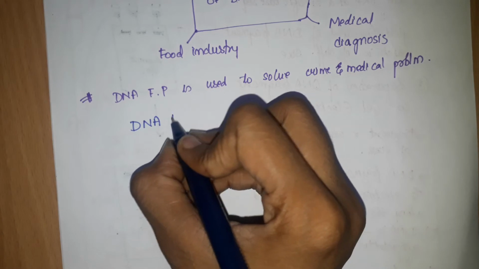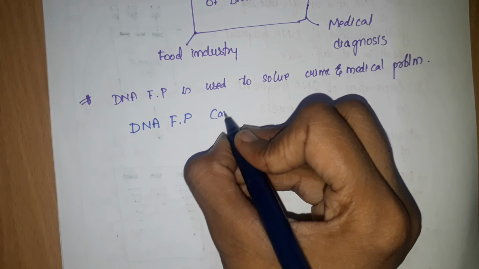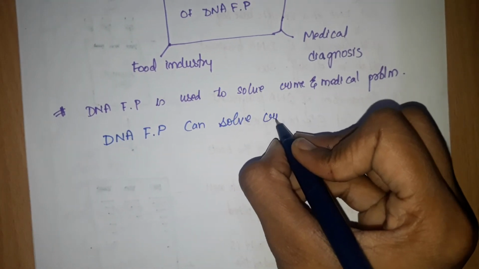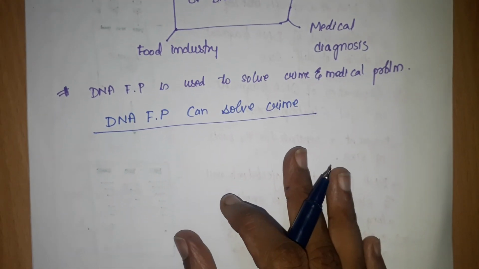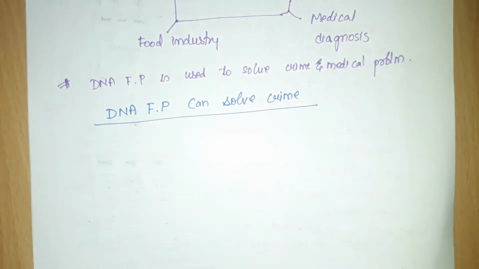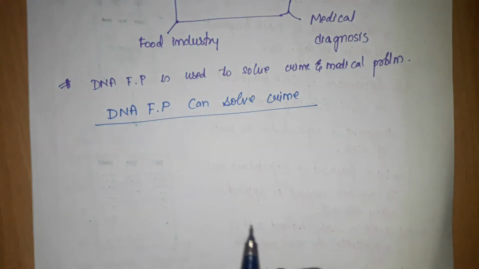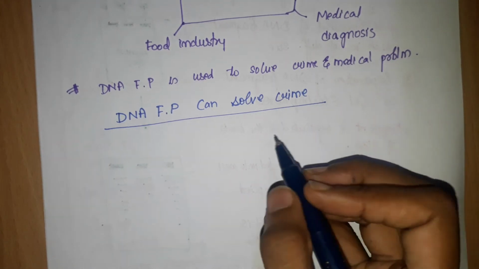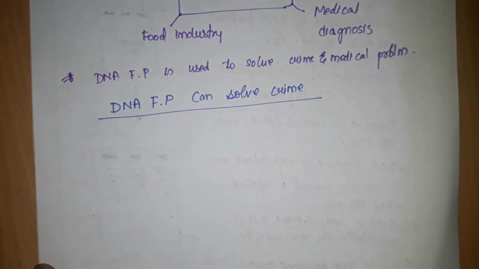DNA fingerprinting can solve crime. How can it solve the crime? Let's take a crime that has happened in some area. There, the forensic science team gets a sample of blood, and they do the DNA fingerprinting.